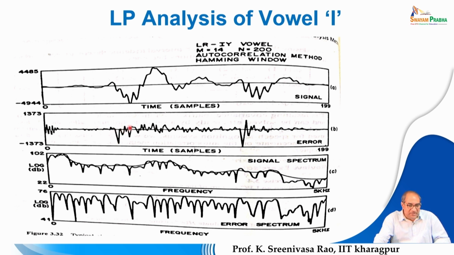Once after that you can see the signal fluctuates over here, and then after some point again you can see a very high error signal amplitude is observed. Here also, at this point, again there is a glottal closure, because the vocal folds open and close. At the time of closing, the vocal folds suddenly close.